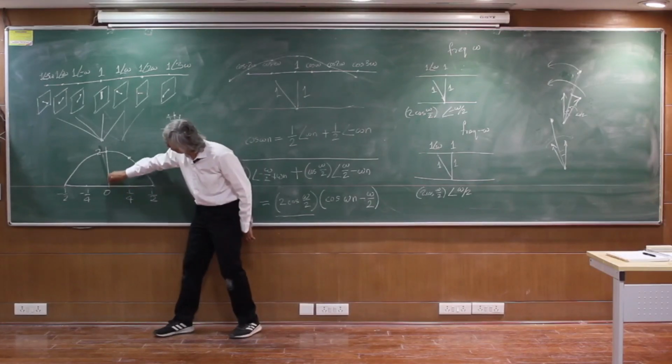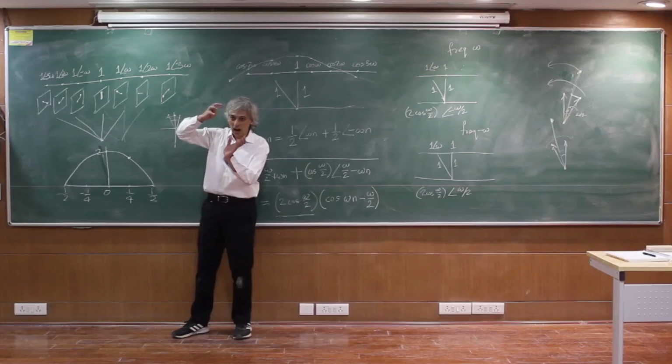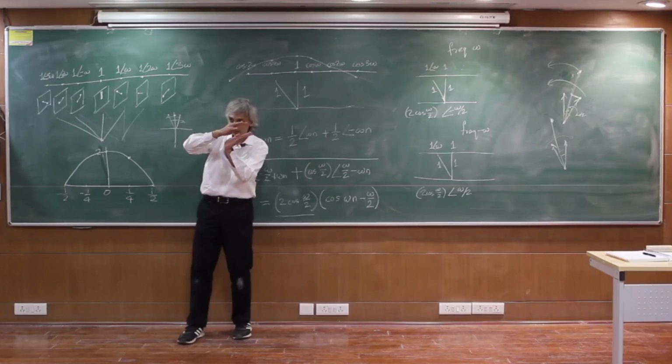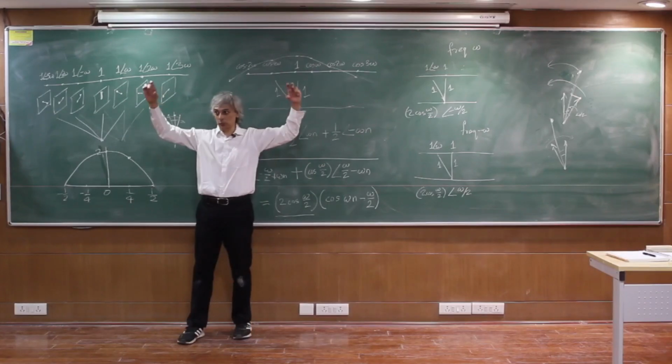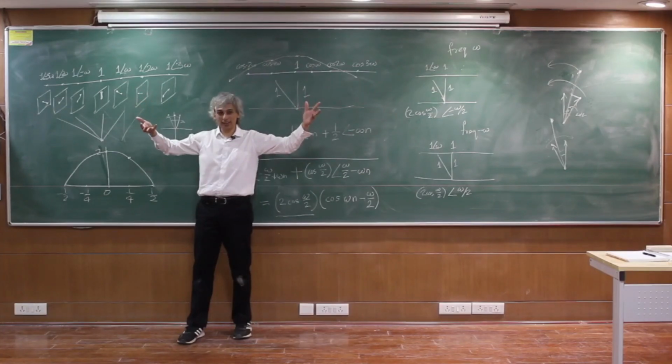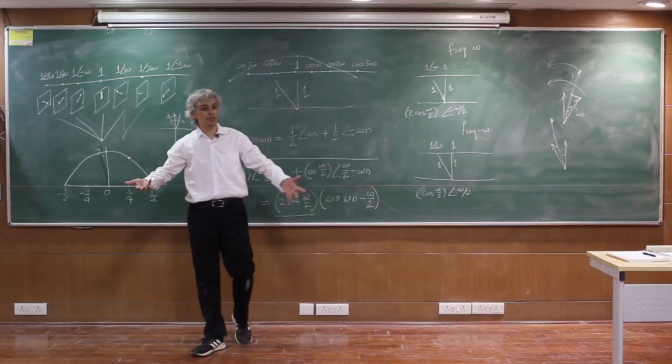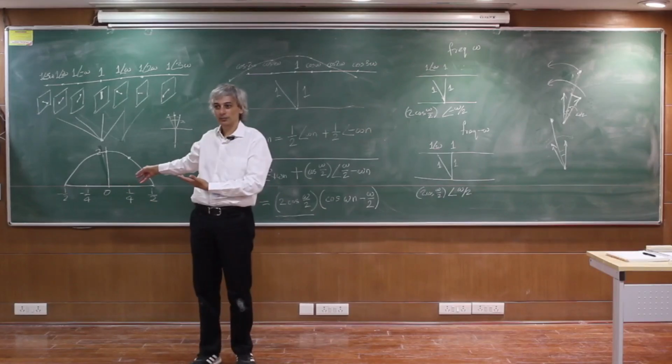As the frequency goes on increasing, the output actually diminishes in size for the same size of input. Okay? So if this was audio, for example, what would this do?